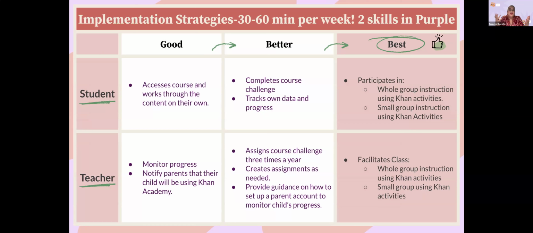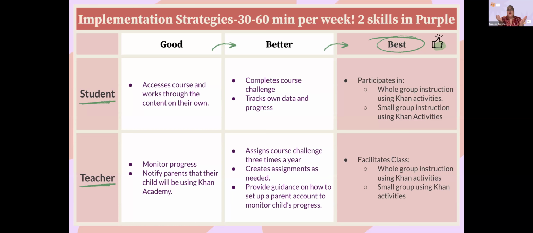Some schools may encourage students to go through the course on their own at home as homework, during advisory, or when. Other teachers may decide to integrate Khan in the classroom and have it be a part of structured time that's given to students.